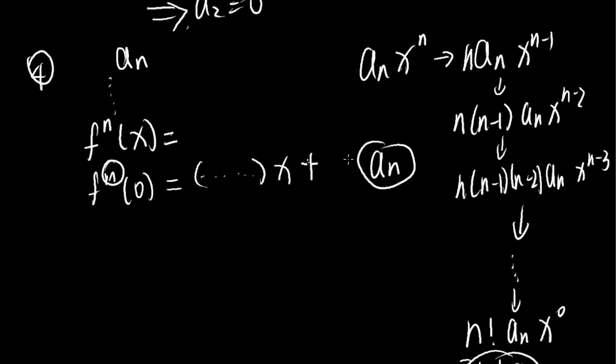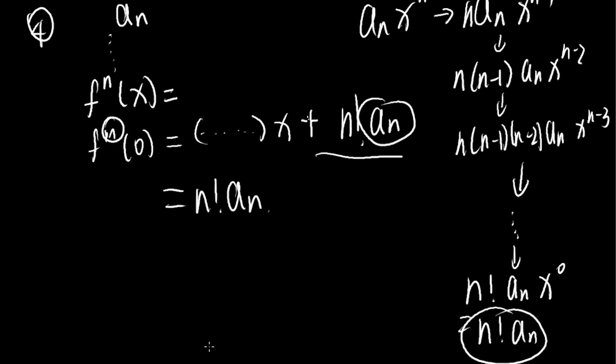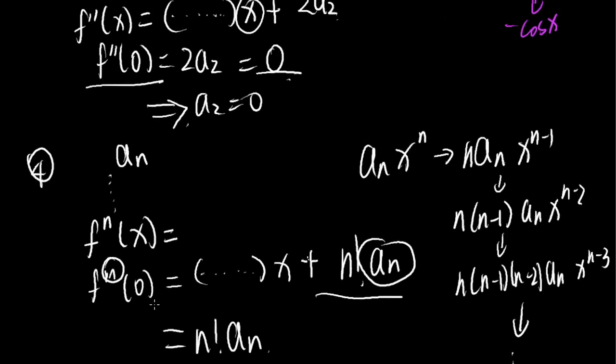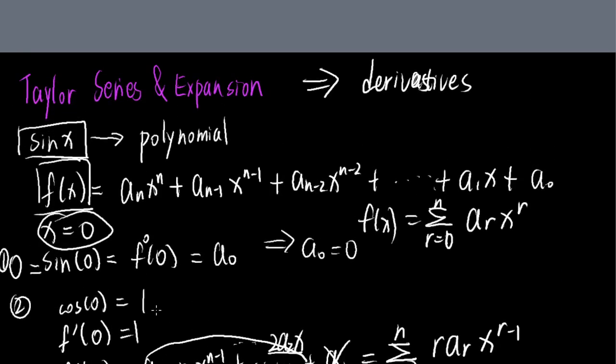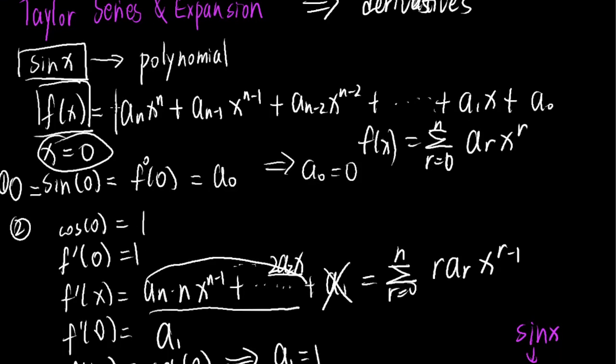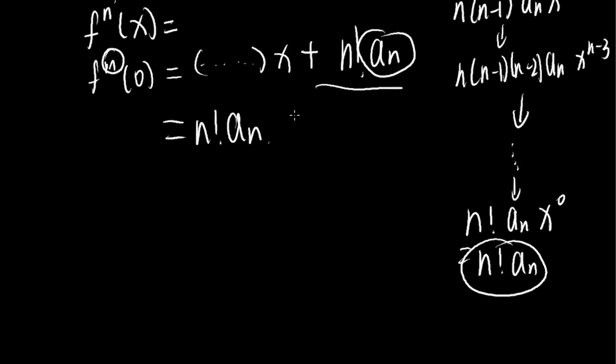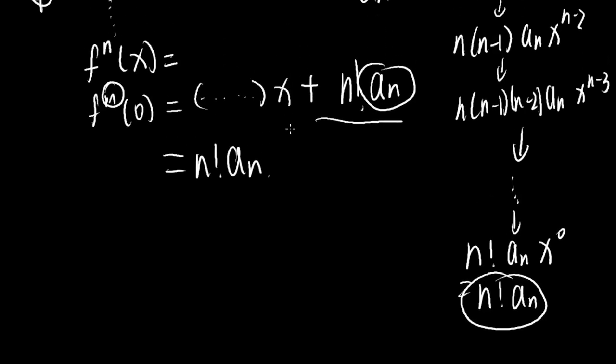As a result, for the nth derivative at 0, all other terms are 0 except this term, which is n! a_n. What we want to determine is every coefficient of f(x), and now we have the formula for a_n.